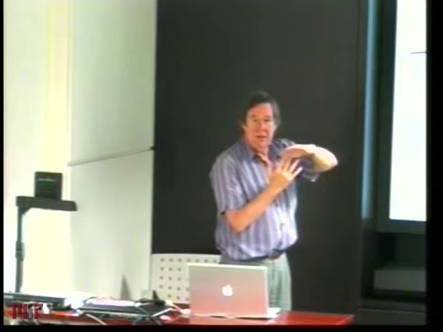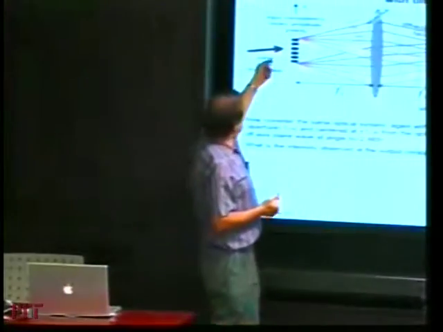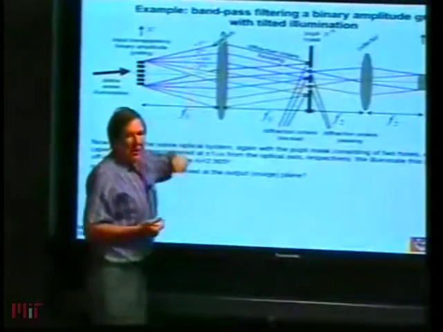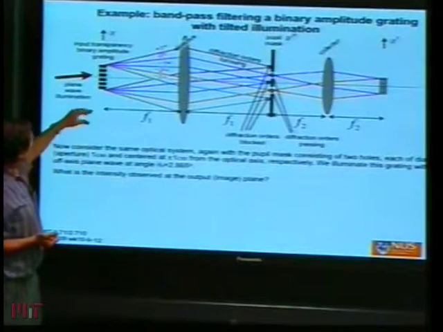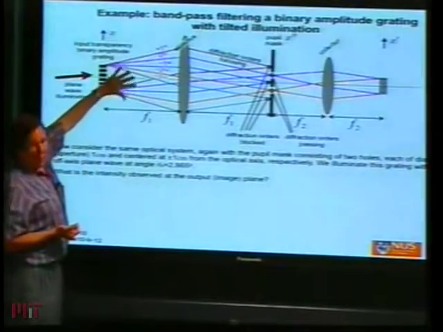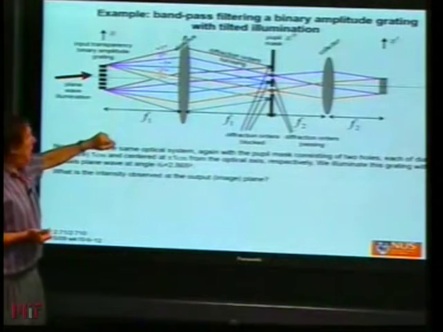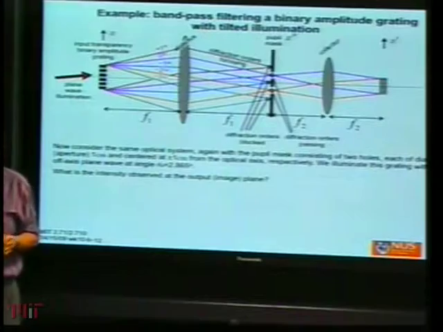But actually, all that happens is it just tilts the diffraction pattern. Very simple. The zero order is still in this direction, and all the other orders just move bodily. They all rotate through the same angle. This is only true if you can think of this as a thin grating.